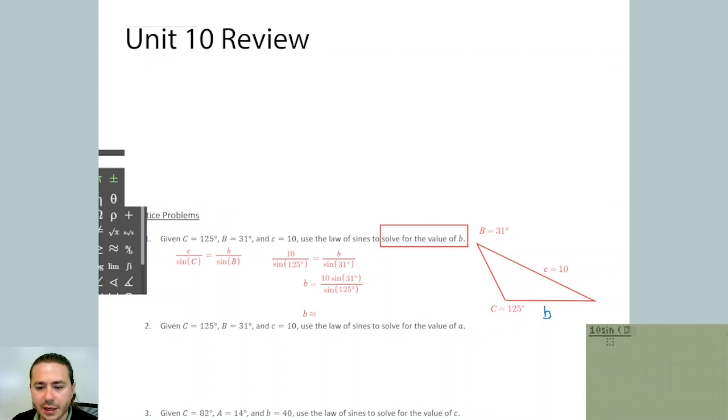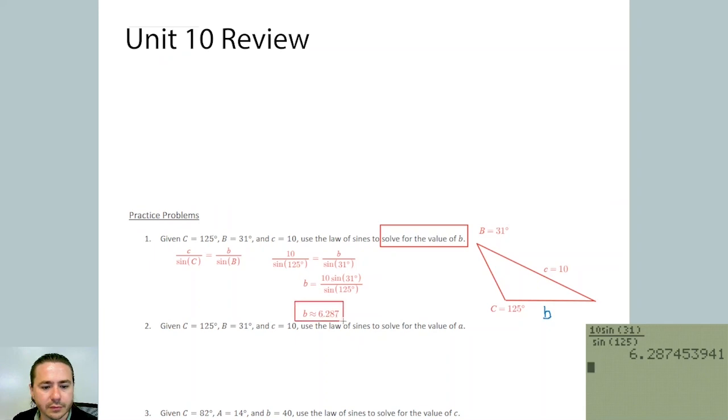Ten times the sine of 31 degrees over sine of 125. So we get approximately 6.287. Okay, so there's number one.